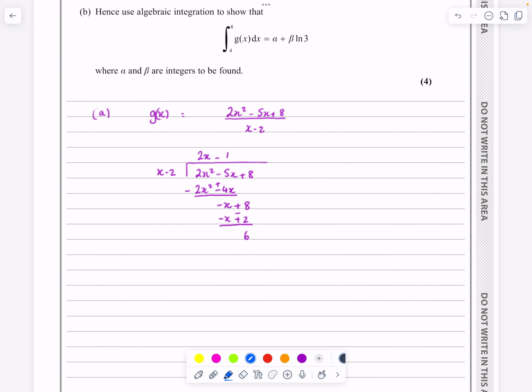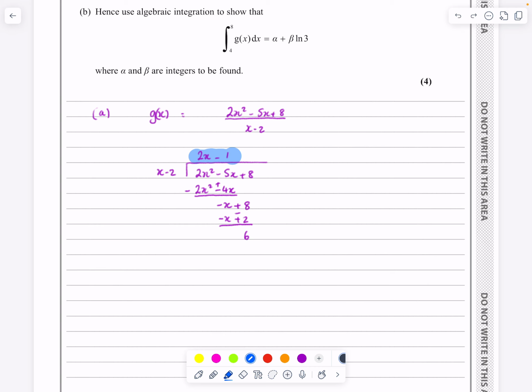What we need to look at is what we found with all of this here then. So what we've said is that 2x squared minus 5x plus 8 divided by x minus 2 goes in 2x minus 1 times, so that's the quotient, that's the multiplier, and when we do that, it leaves me a remainder of 6 out of x minus 2.